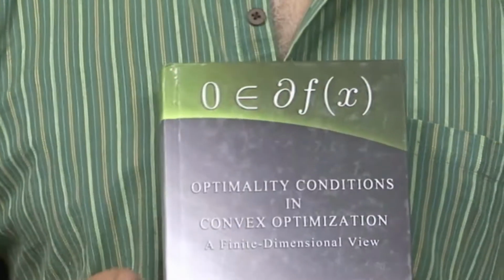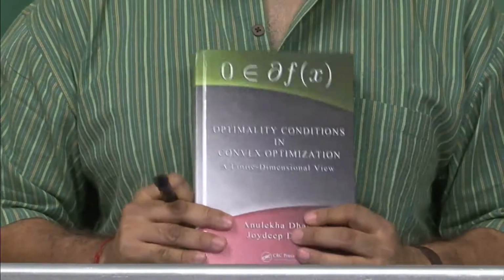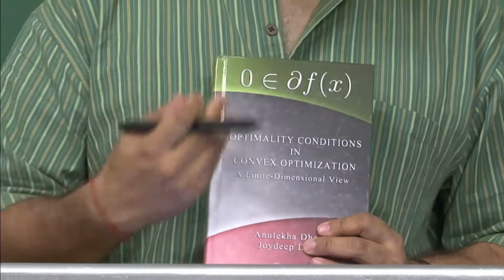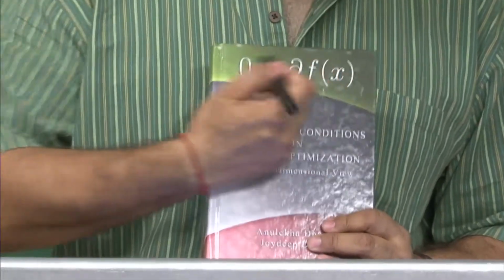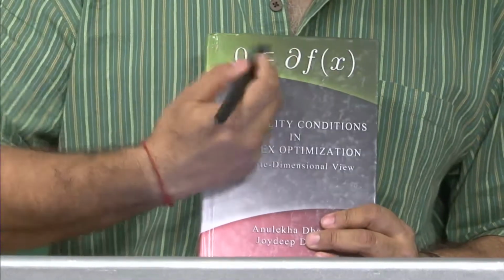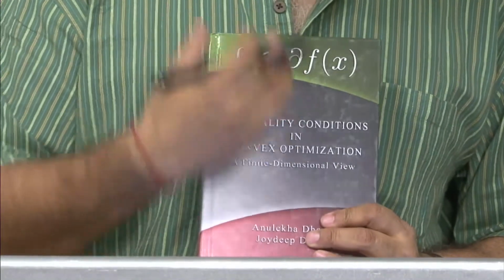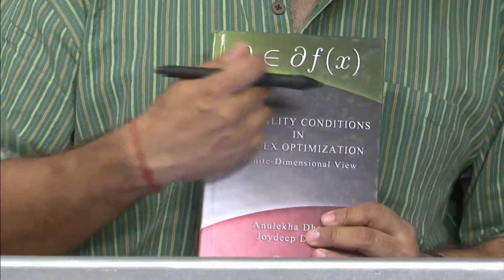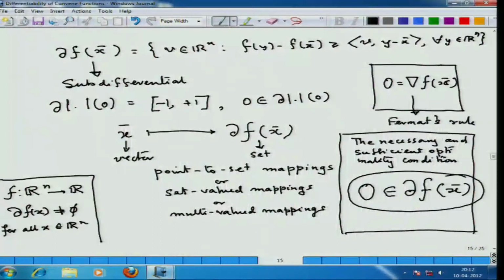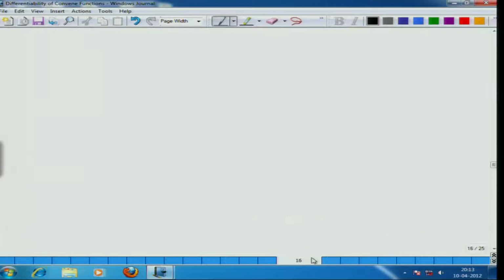So, in some way we are trying to say that whole of convex optimization, this book is on optimality conditions in convex optimization. By giving this symbol on the cover, we as authors were trying to say that optimality conditions in convex optimization is essentially this story. So, here we are at the very heart of convex optimization theory. Now, once I know this necessary and sufficient optimality condition, let us try to prove this.